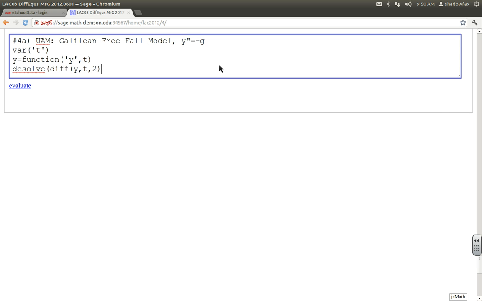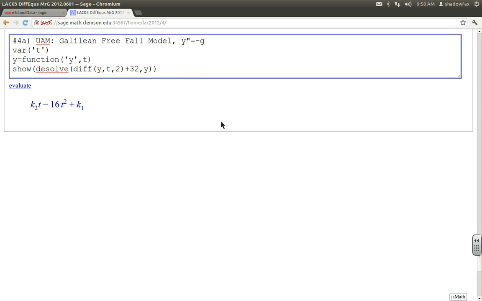And remember, we're setting this equal to 0, so how do you get 0 over here? Add g, and let's say it's 32, so plus 32, just to have something to play with. And I'm going to solve this for y. So this is the first time we're using dE solve to solve for y, given y double prime, a second order differential equation, and you get stuff. Well, let's do a show so it's pretty print.